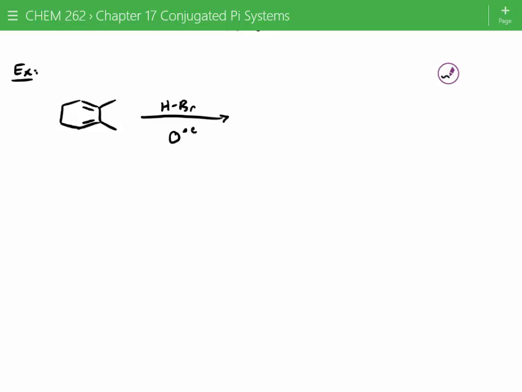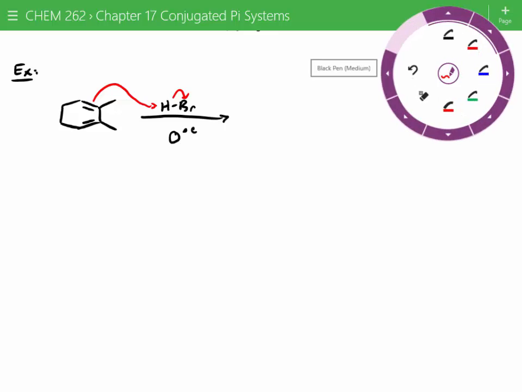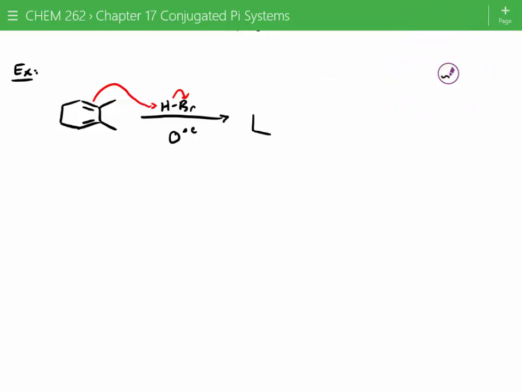All right, let's try to go through this now that you guys have had a chance to get it started. The first step will be our nucleophilic attack of that proton, which will give us our tertiary carbocation. But am I done?